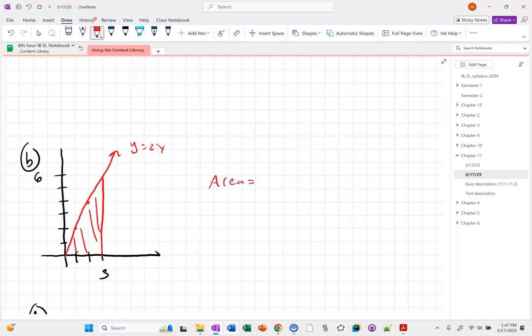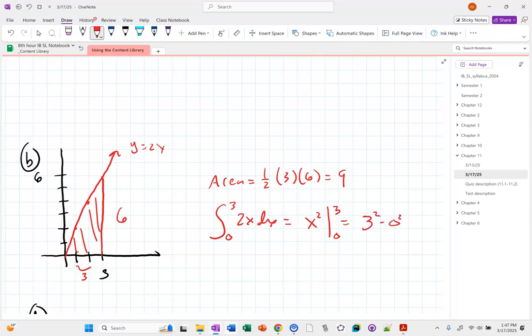A right triangle. Great. What's the area formula for a triangle? 1/2 base times height. The base here is 3 and the height is 6, so we get 9. If I do the integral of that same thing from 0 to 3, the antiderivative of 2x is just x squared. Again, we get 9.